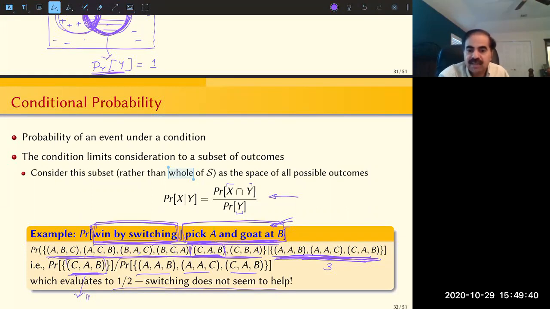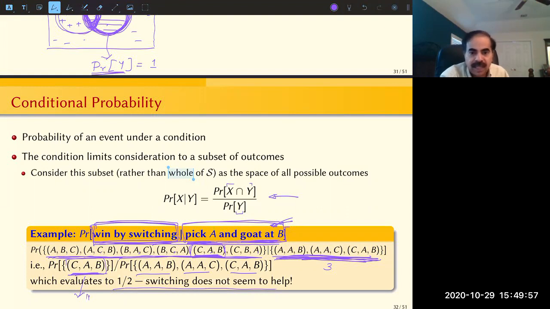And it kind of matches your intuition, because once you know that there is a goat behind door B, all you know at that point is that the car is either behind door A or door C, right?